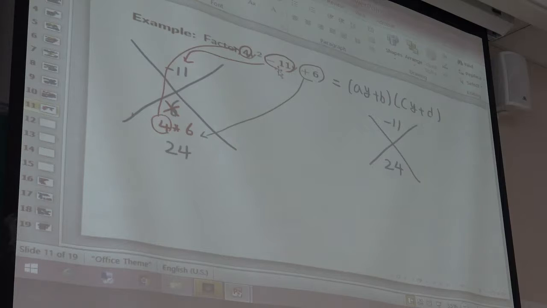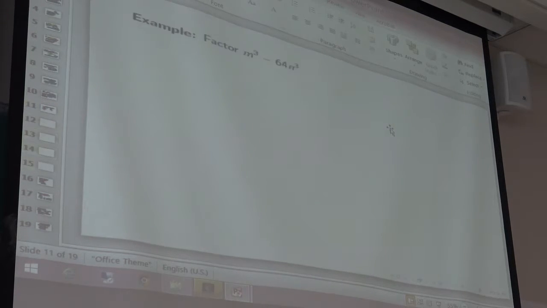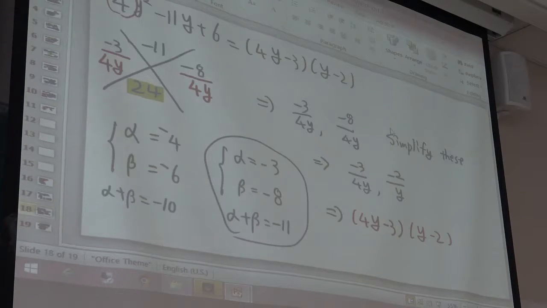And this negative 11 is the same as before. Now we find two numbers where the product is 24 and the sum is negative 11. We found that negative 3 and negative 8 satisfy those conditions.